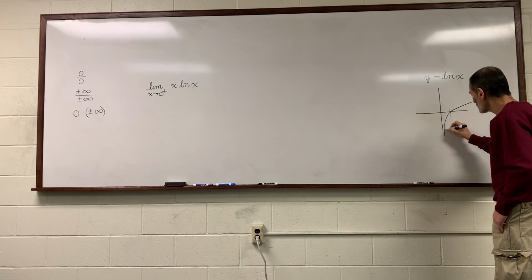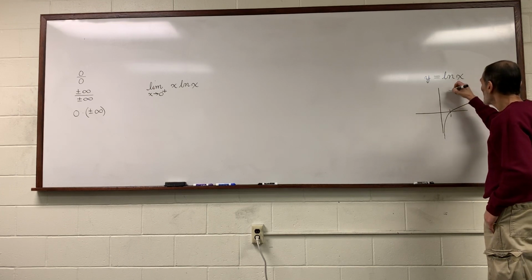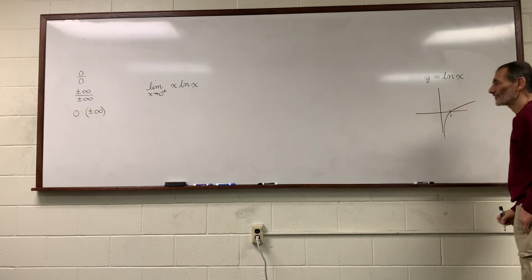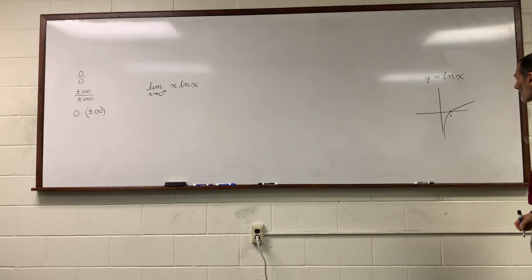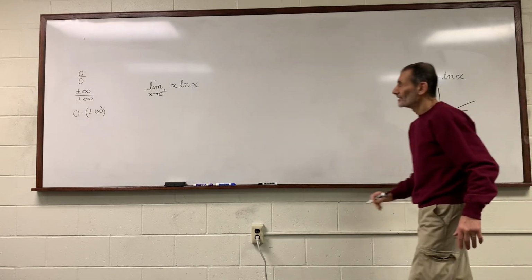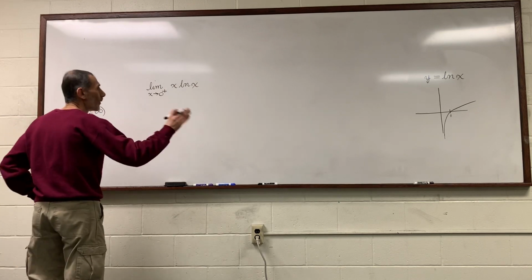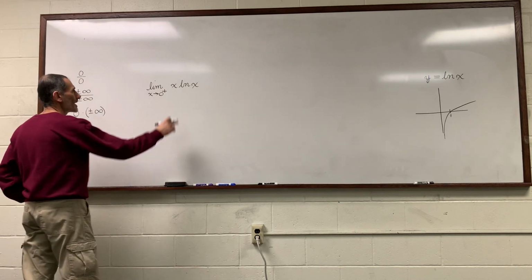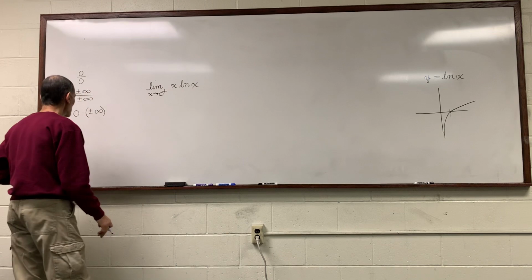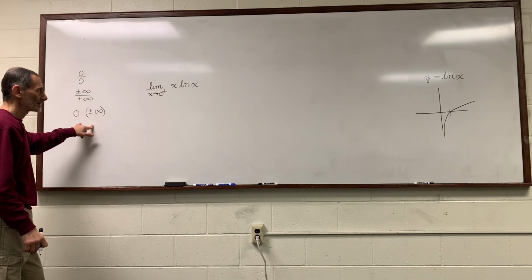As x approaches 0 from the right, the natural log of x approaches negative infinity. Just knowing what that graph looks like shows you the domain and tells you that limit. So what we have here is 0 times negative infinity, an indeterminate product.